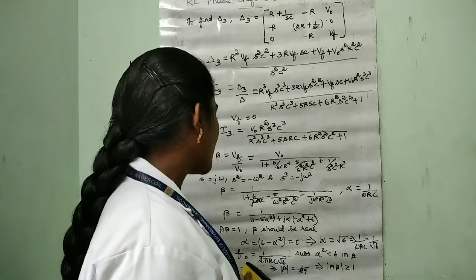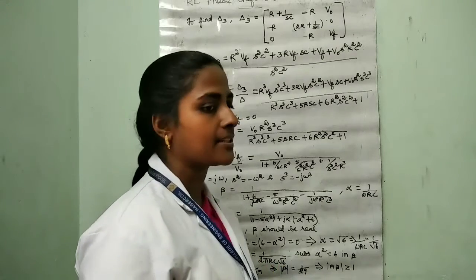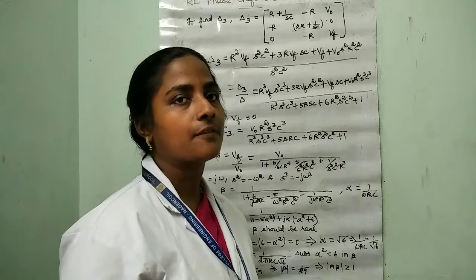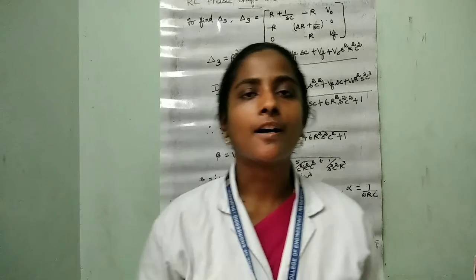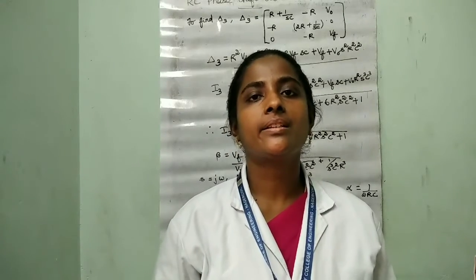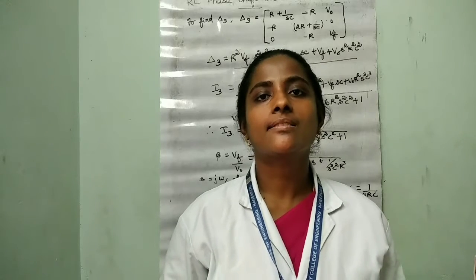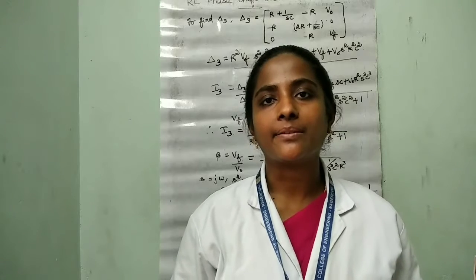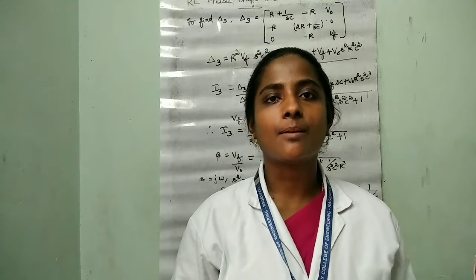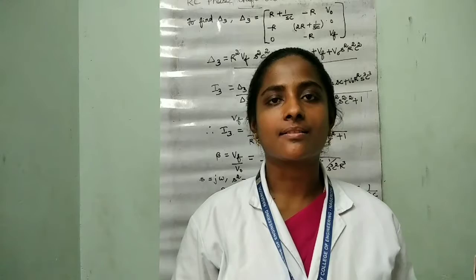For sustained oscillation, the value of modulus of A should be greater than or equal to 29. So this is all about the RC phase shift oscillator.